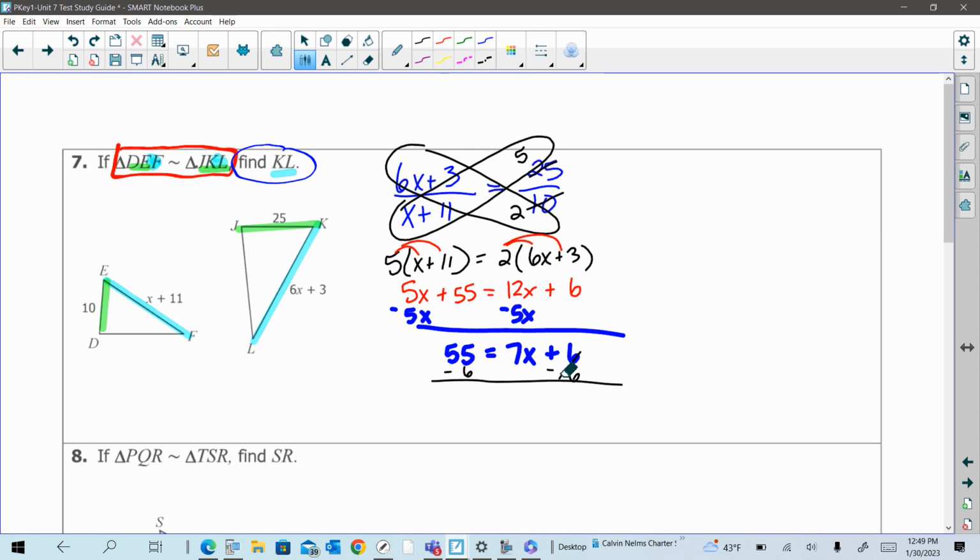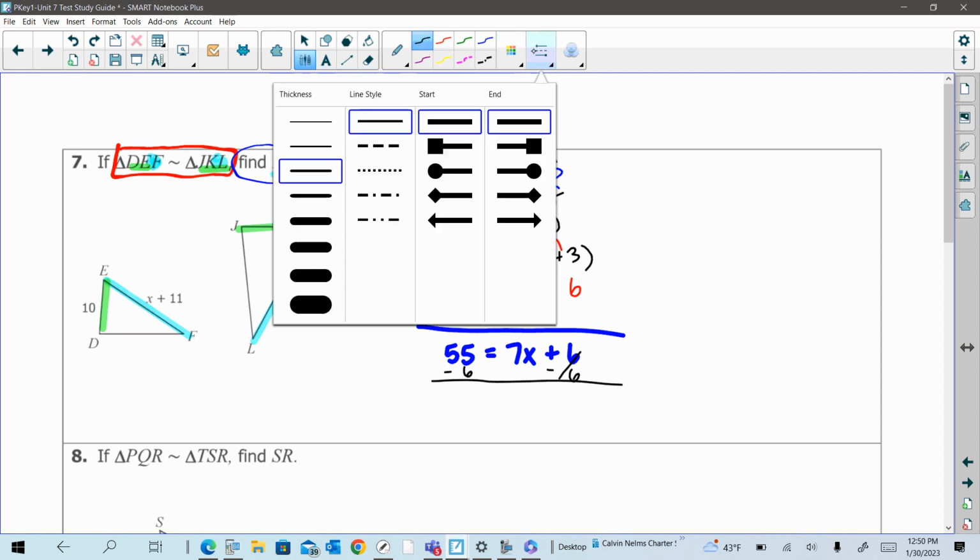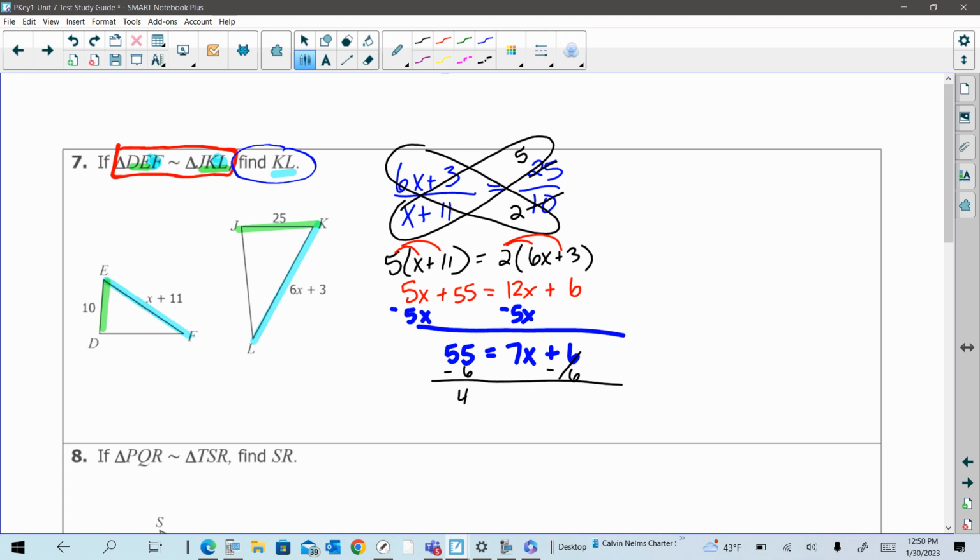What is it? Come on, guys. 49. Yes, and that means that x has to be what? 7, right?